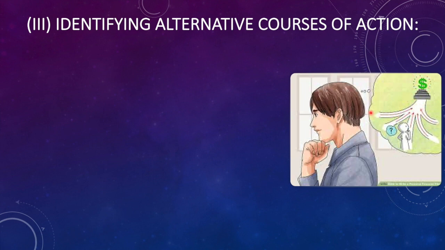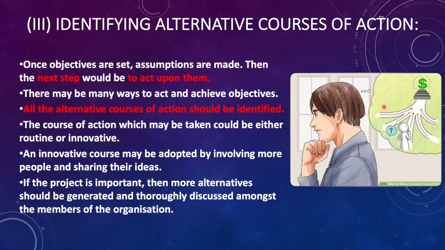Now there are various ways to go there. If there are more than these ways, we need to think about that also. So we need to identify the different alternative courses of action. What are the possibilities through which we can achieve our target?